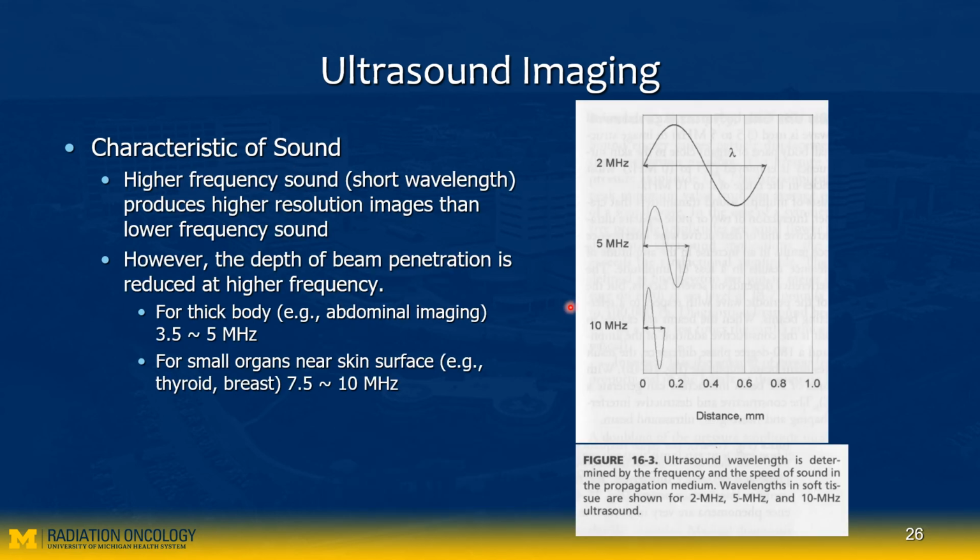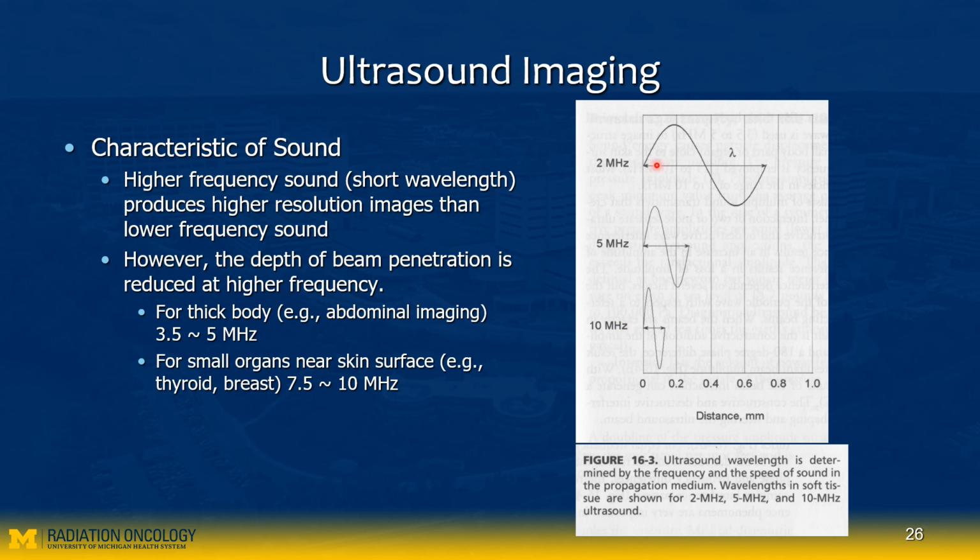So what do we mean by higher frequency or low frequency? Here your x-axis is distance, and on the y-axis you have ultrasound of different frequencies. The first one is 2 megahertz, a low frequency, and then 10 megahertz.